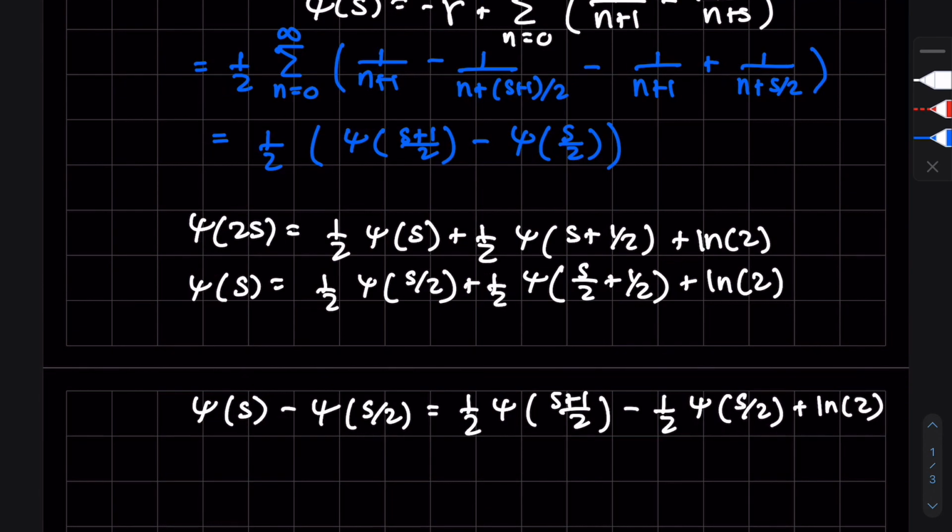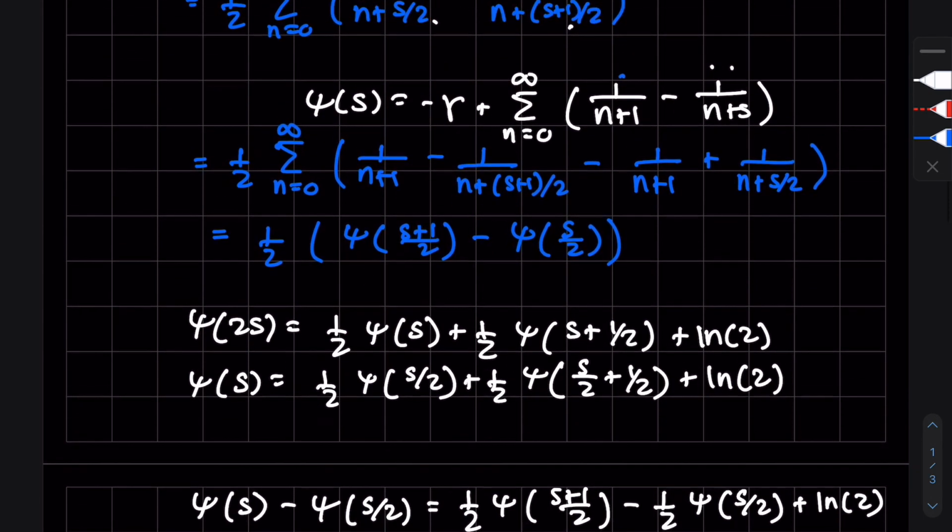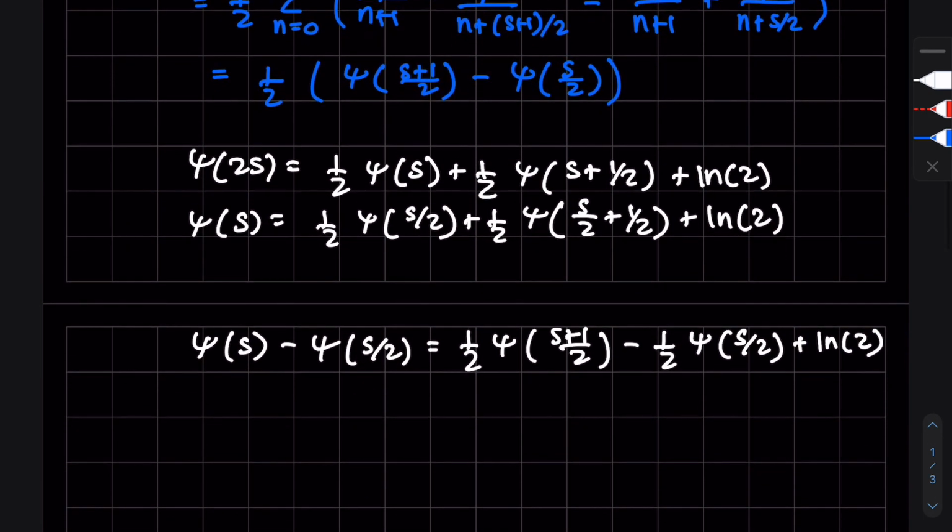So to get the blue part, I just need to subtract the natural log of 2 from both sides, and we get what we wanted here.